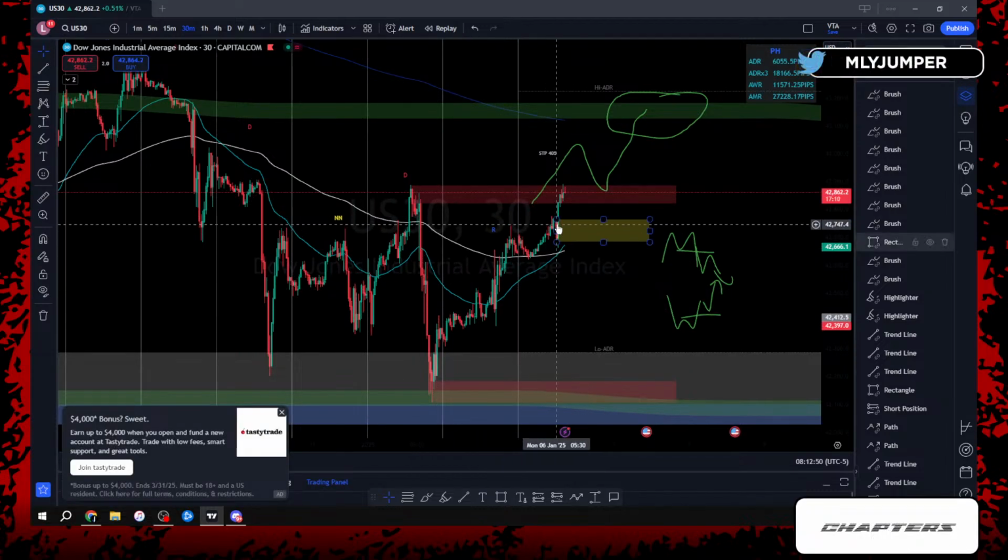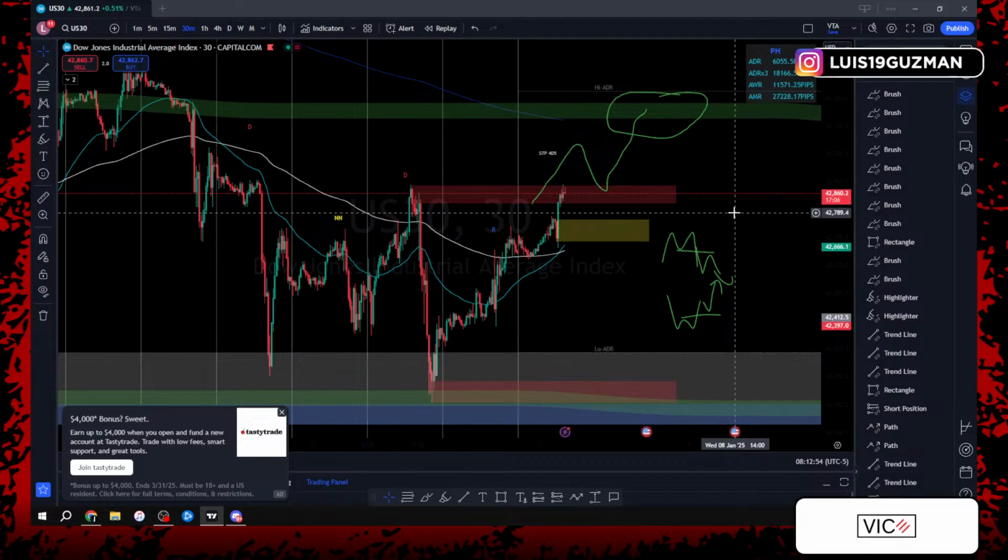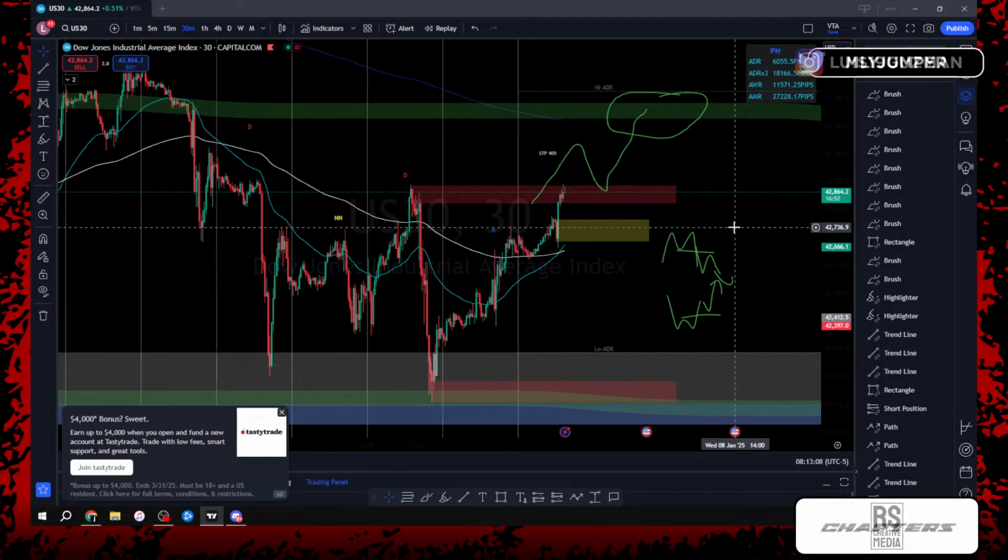So why would I be looking for a bullish movement when price is still giving us lower lows and lower highs? Right? Vice versa. Why would I be looking for a bearish engulfing candle? Why would I be looking for a double top when price is making higher highs and higher lows? Right? But if you don't know how to read market structure, you can't tell what you're trading, right? So again, there's a lot of steps.